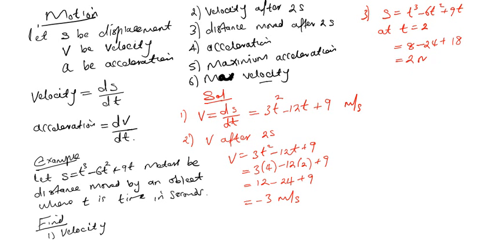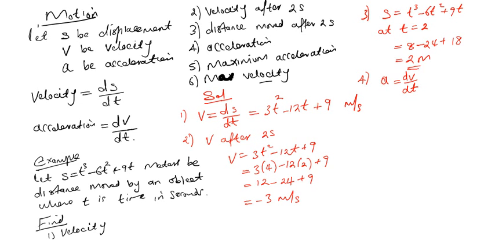Okay. Question number 4. We want acceleration. Now acceleration, we've said is change in v over t. So what is v? V is 3t squared minus 12t plus 9.